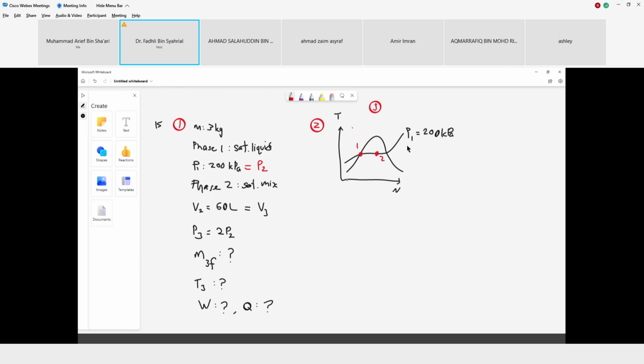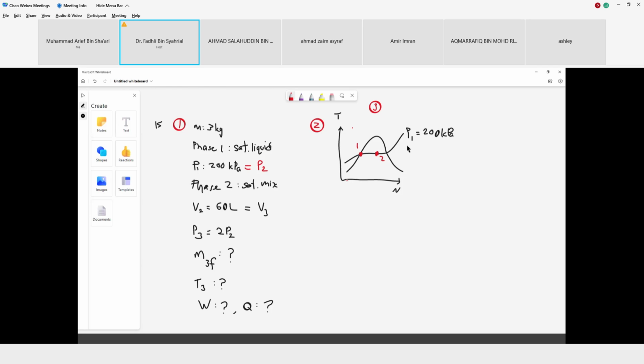Heat is now transferred to the water, causing some of the liquid to evaporate. That means the pressure is constant. At the same pressure, heat is given, causing some of the liquid to evaporate. Okay, that is the hint.